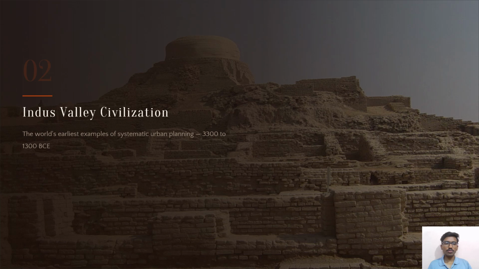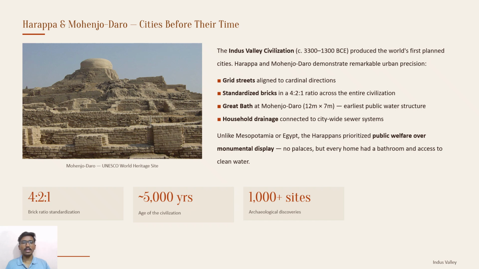Coming to the Indus Valley civilization, the world's earliest systematic urban planning, 3300 to 1300 BCE. Harappa and Mohenjo-daro, cities before their time. The Indus Valley civilization produced the world's first planned cities. Harappa and Mohenjo-daro demonstrate remarkable urban precision.